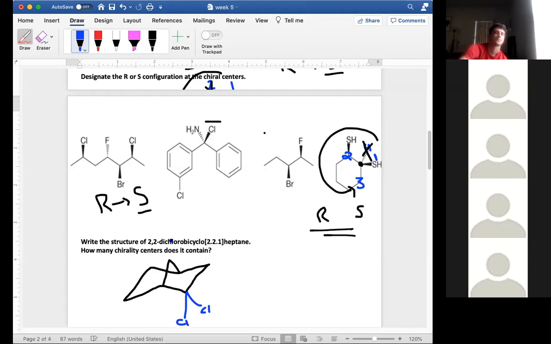So how many chiral centers does it contain? I believe somebody in the chat earlier nailed it. So it's definitely not the one with the chlorines, right? That's a given.